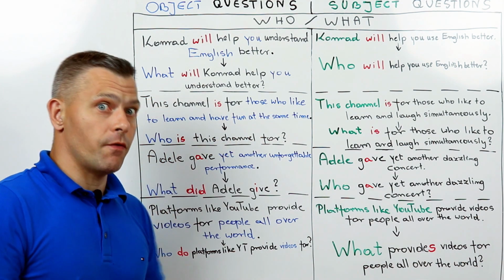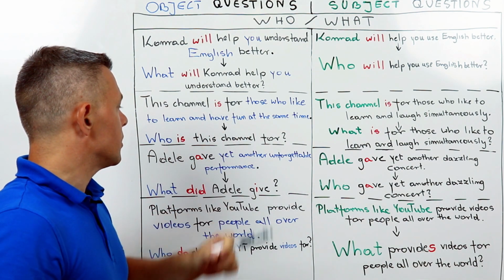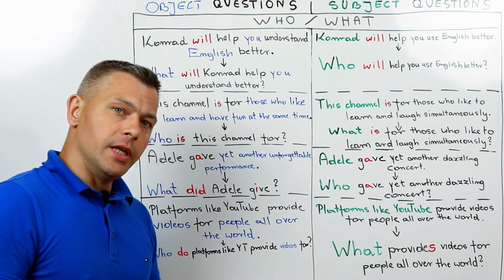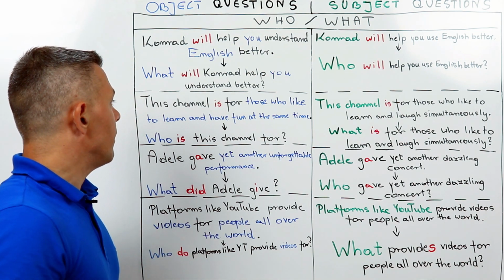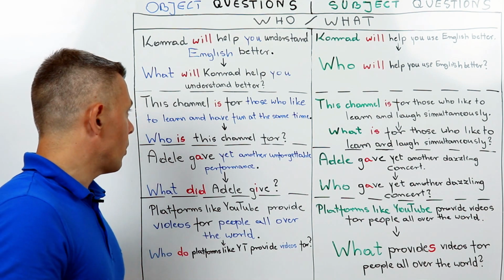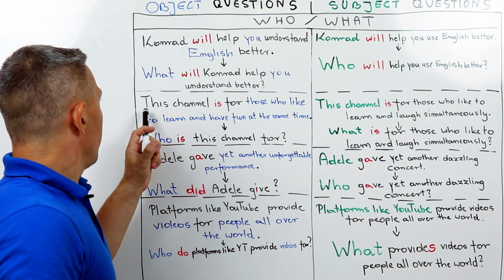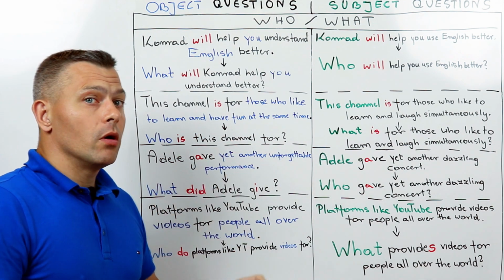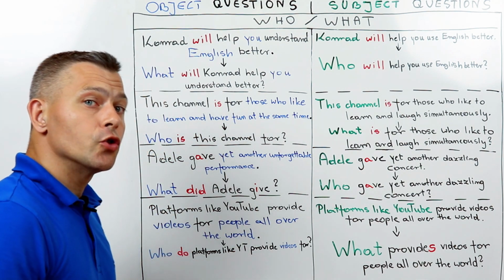Here the object is very long and it is an object of a preposition, for, not a verb. To ask about it, we once again have to decide on the WH pronoun it answers to. This channel is for, what do you think? Yeah, you're right, it is who.